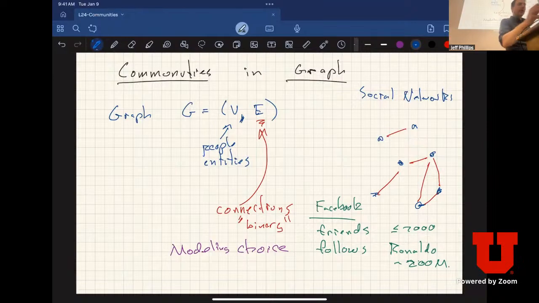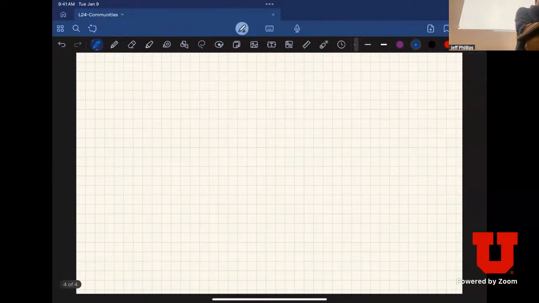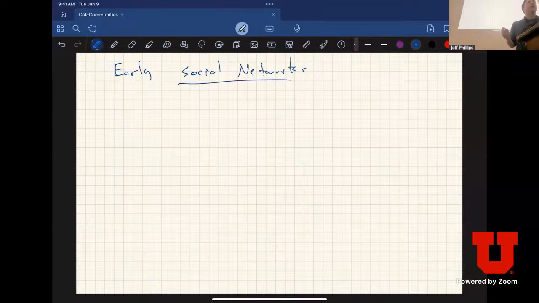All right, so how did the work on these social networks start? Okay, so early social networks. This was very exciting from a sociological point of view, in that they drew a lot from sociology.